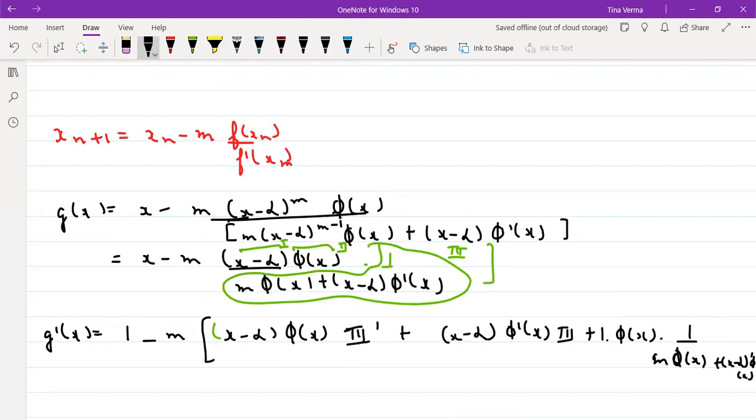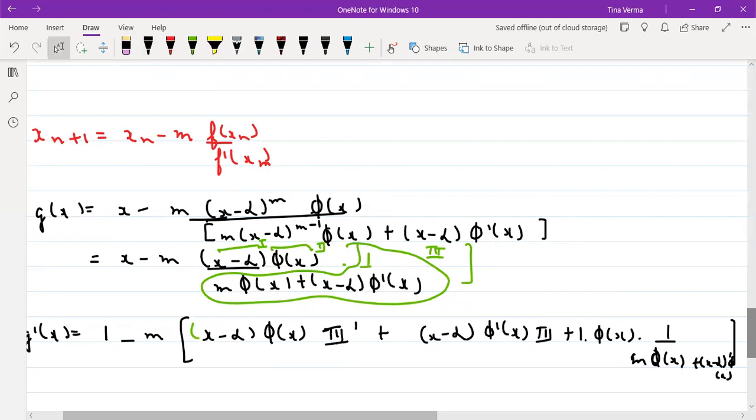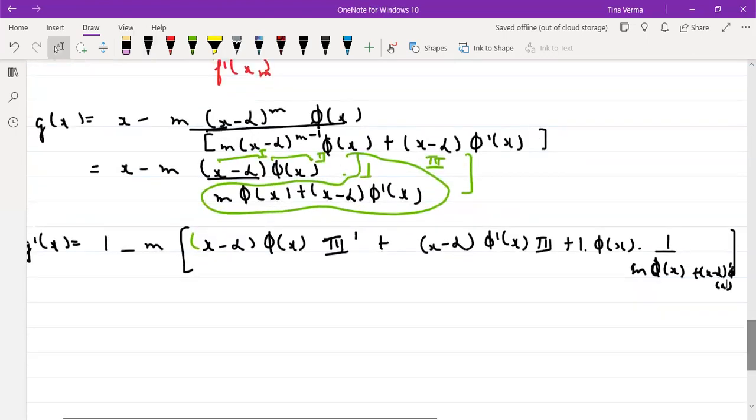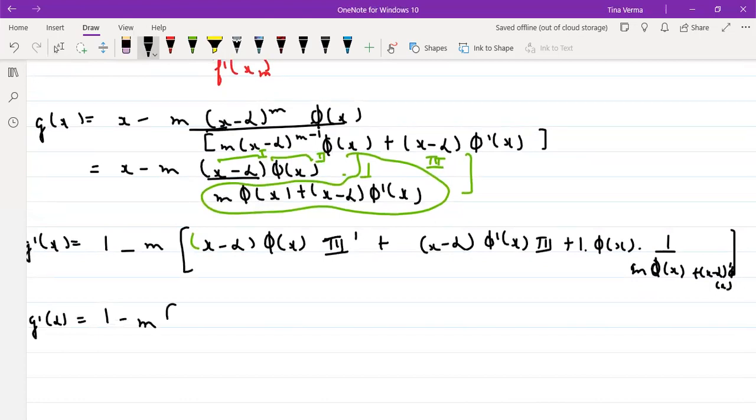phi dash x, right? So this term, if you check, now if you put g dash alpha, this will be 1 minus m, and this quantity will become 0. So the whole term will become 0. This quantity will also become 0. And the same phi x will cancel out when we take x equal to alpha.